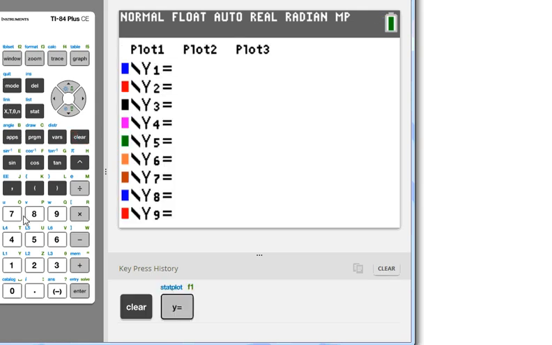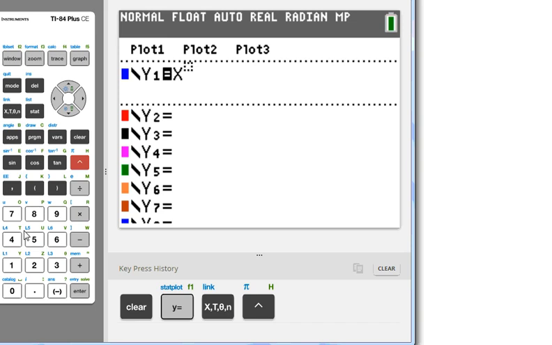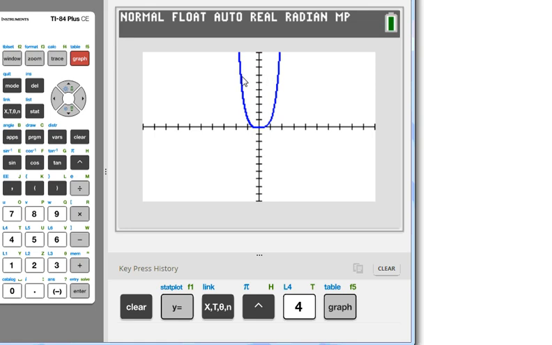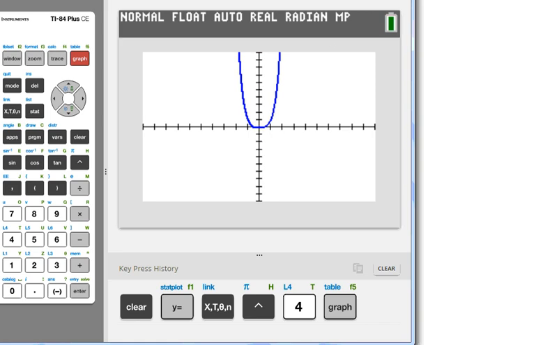I'm going to start with x to the 4th power, and graph. And we have what looks kind of like a parabola, but this parabola is smashed flatter against the origin of the x-axis.